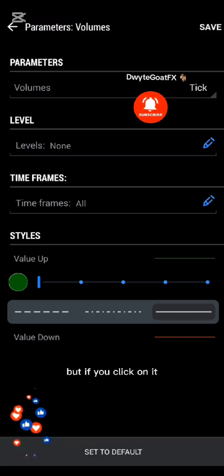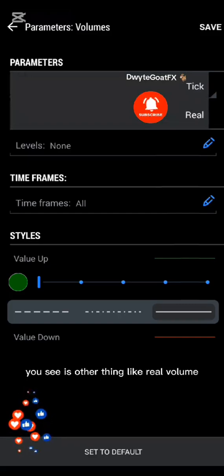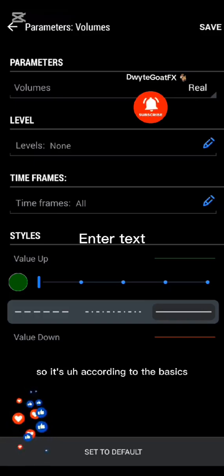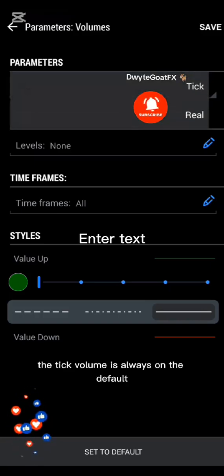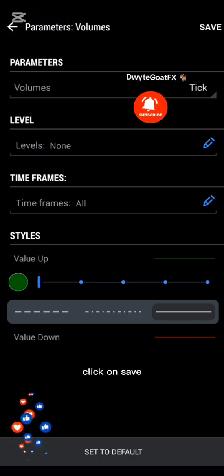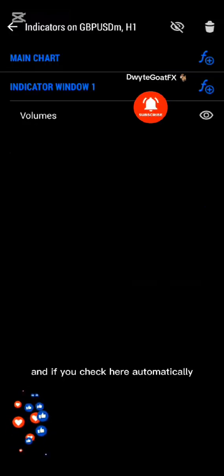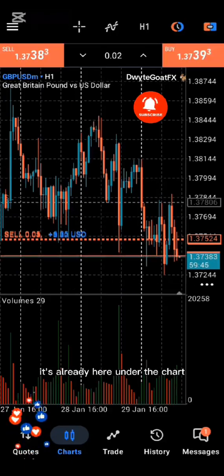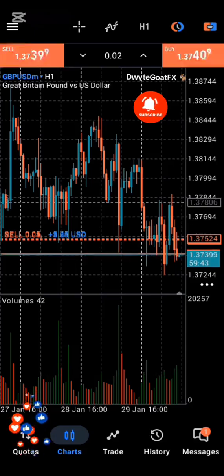If you click on it, you see other things like real volume. According to the basics, the tick volume is always the default, so we'll just use the default one. Click on save, and if you check here, automatically it's already under the chart.